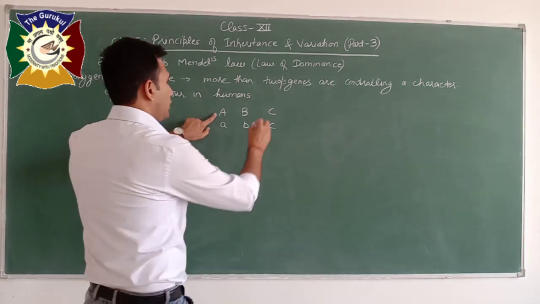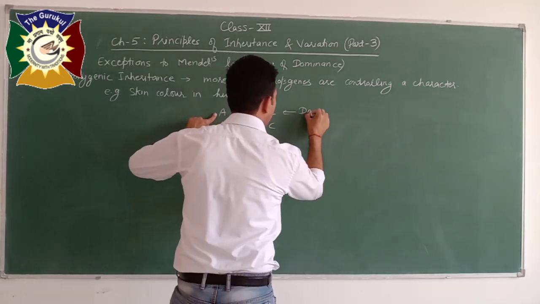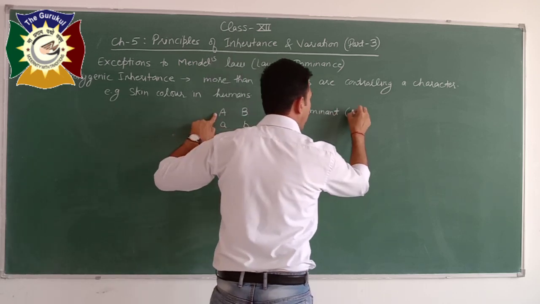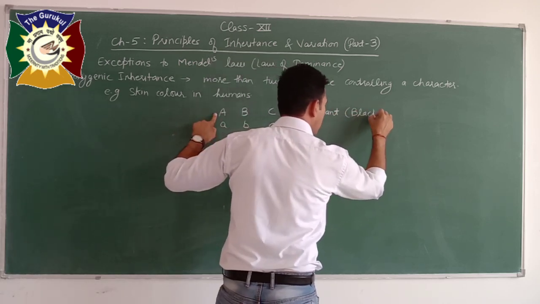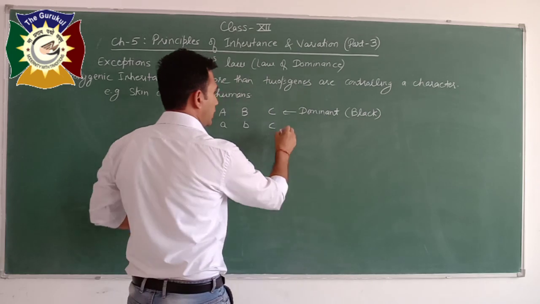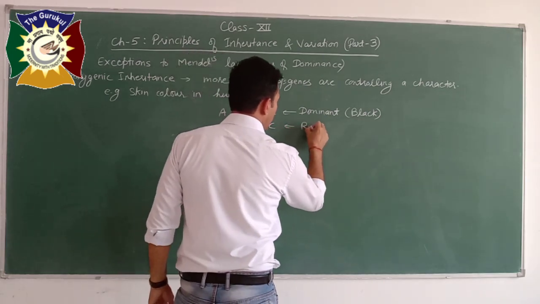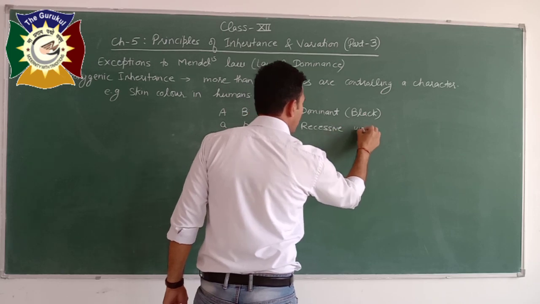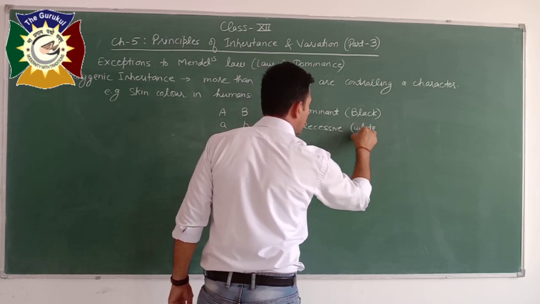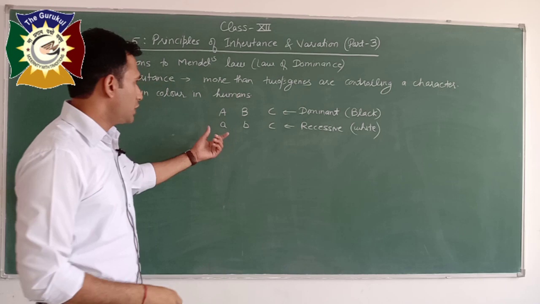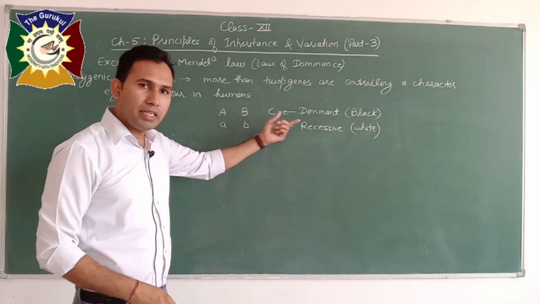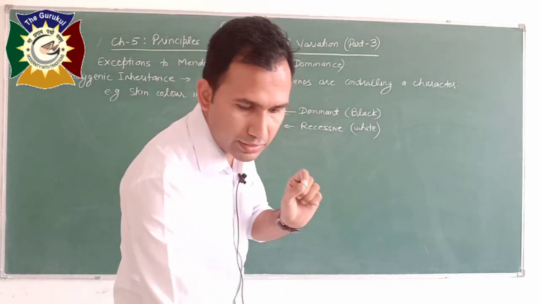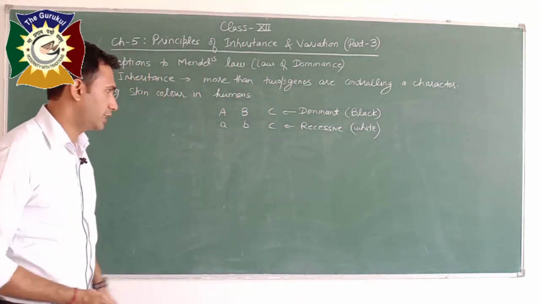These are dominant and they will cause black color. These are recessive for whiteness. किसी पर्सन के अंदर कितने डोमिनेंट एलील हैं और कितने रिसेसिव एलील हैं, इस बेसिस पे उसकी स्किन का कलर डिसाइड करेगा, स्किन का टोन डिसाइड करेगा.